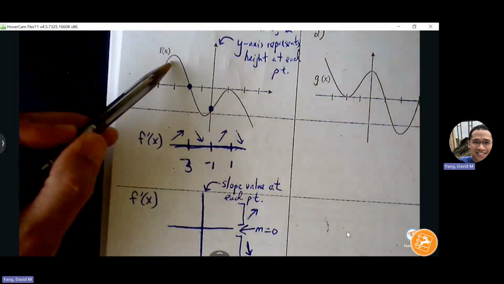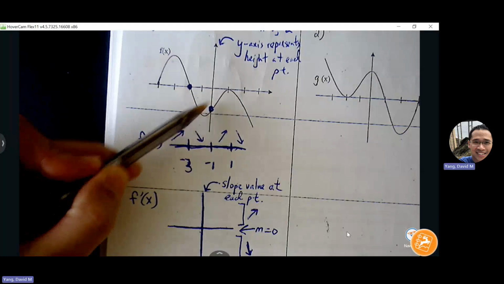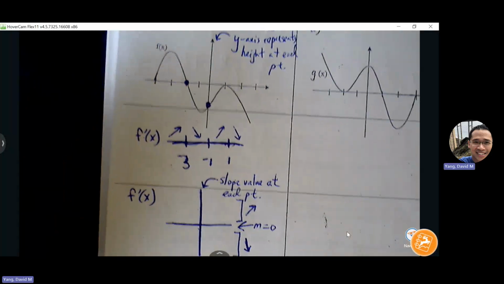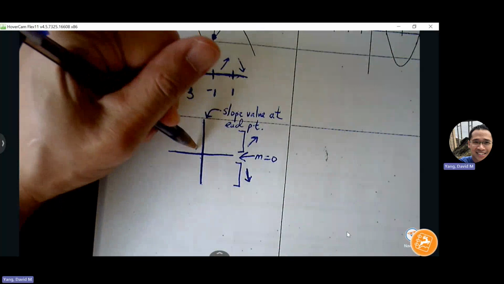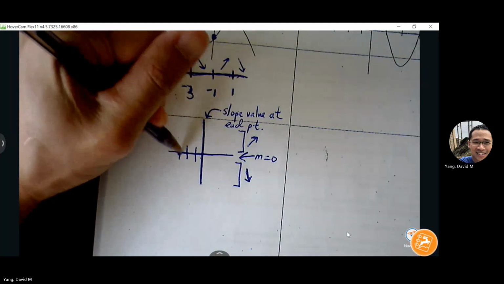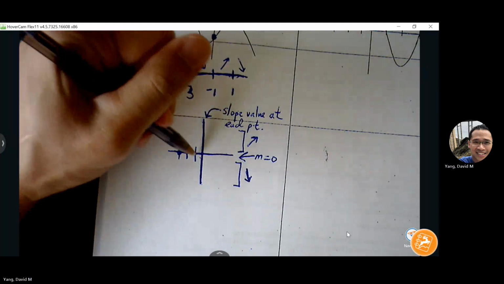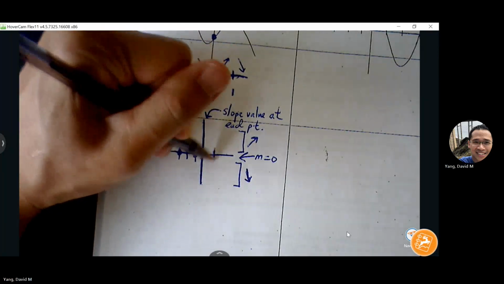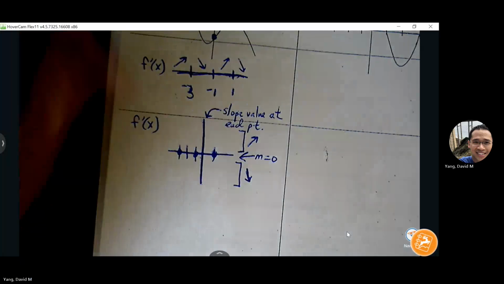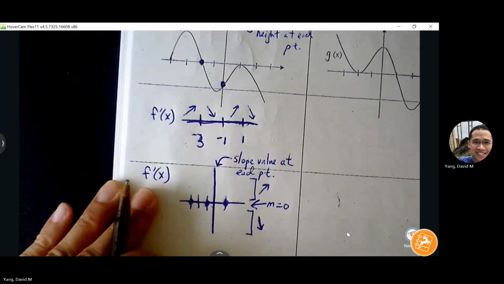Does that make sense? That's slope 0. They're x-intercepts now. Good. So -3, -1, and 1.